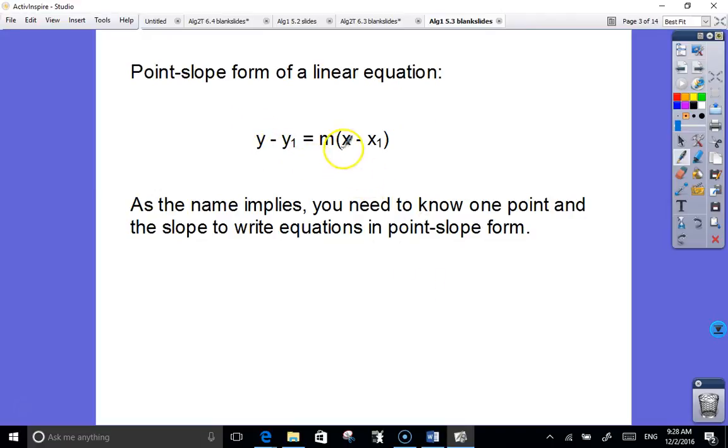In fact, how would I solve that? This is like literal equations. How would I solve this for m? What do I have to do to isolate the m? What is it that's with m that we need to move? Well, this whole parentheses, x minus x1. What's the operation going on in between the m and the parentheses? So what do you do to get rid of it? You divide.